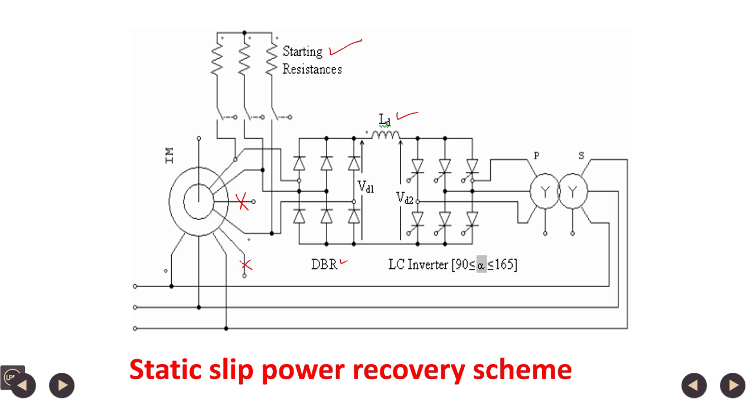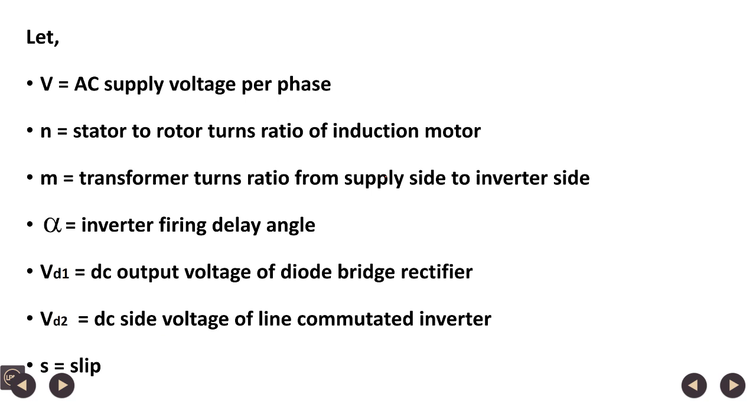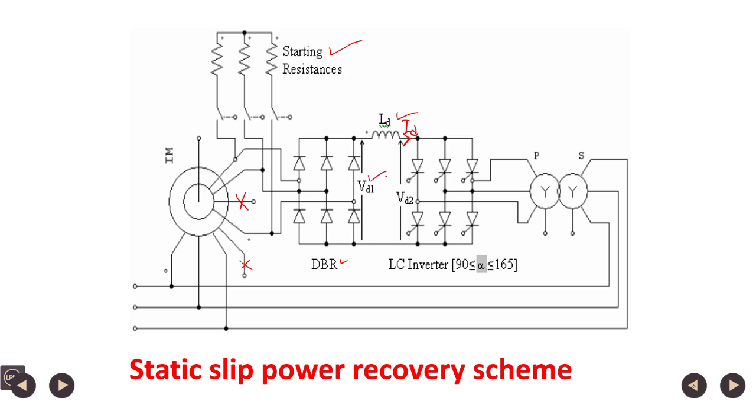So, this is the DC link current ID, and please note that this is the VD1 polarity, and the polarity of VD2 is shown. You mark it, that is important.